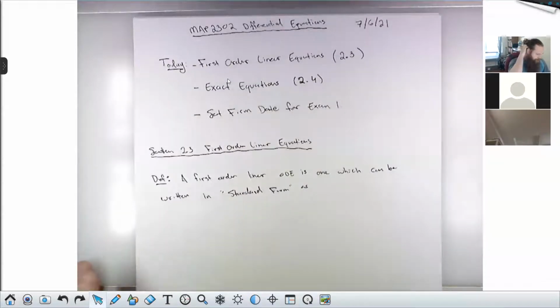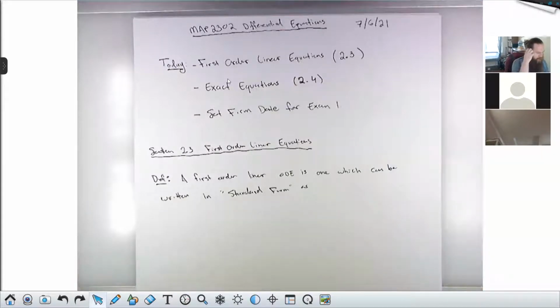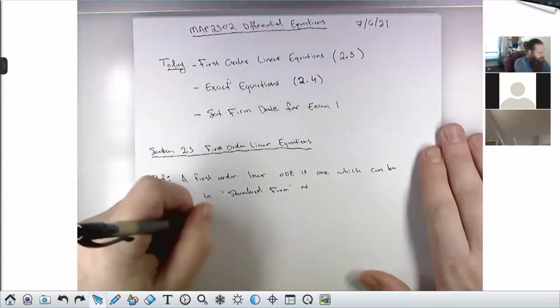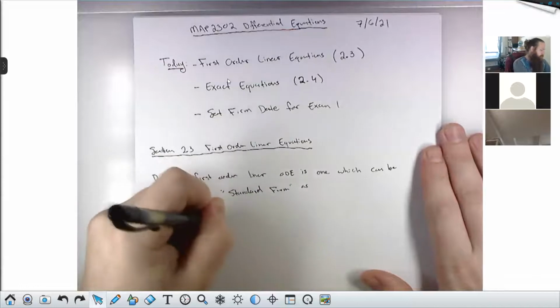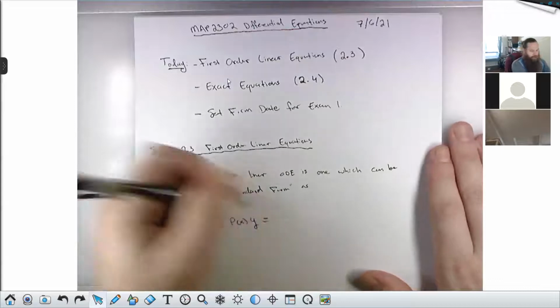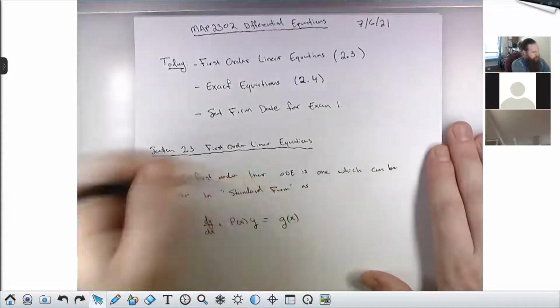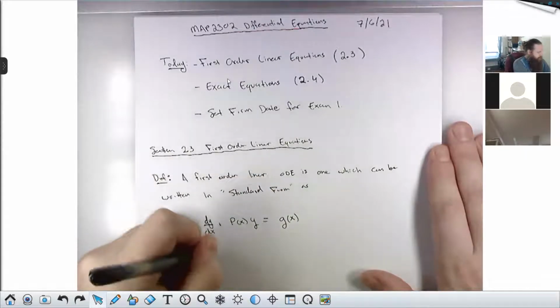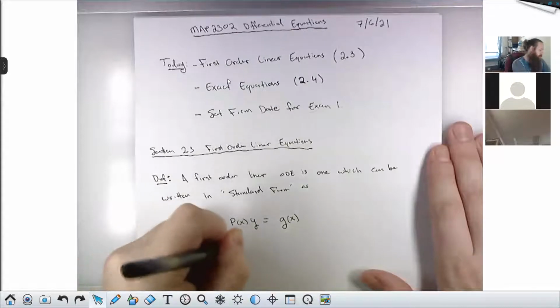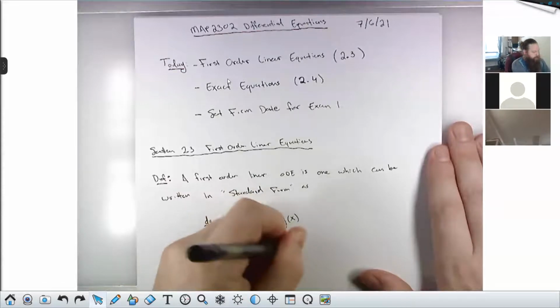You can write it using the Leibniz notation or the prime notation. I like the prime notation, but your book uses the Leibniz notation, so I'll write it like that first: dy/dx plus p of x times y is equal to g of x. Which in prime notation is y prime plus p of x times y equals g of x.